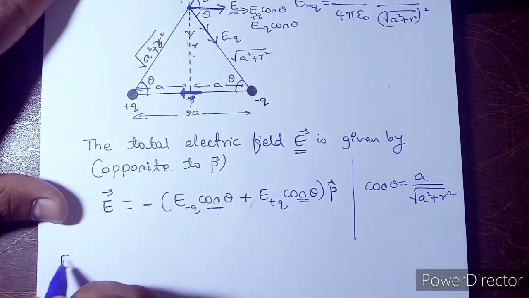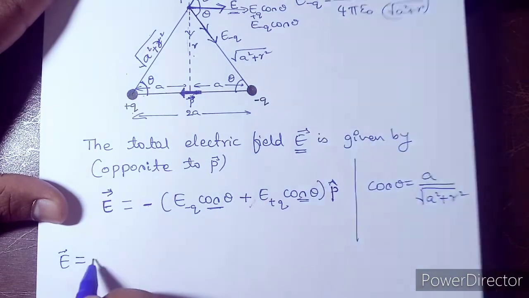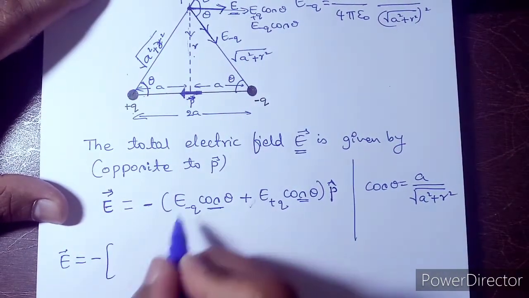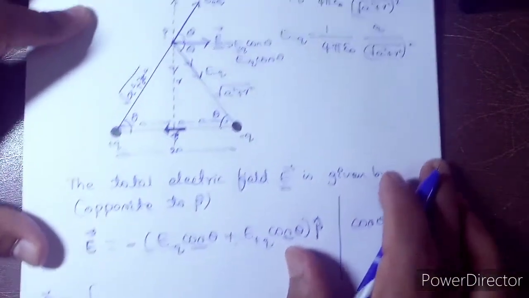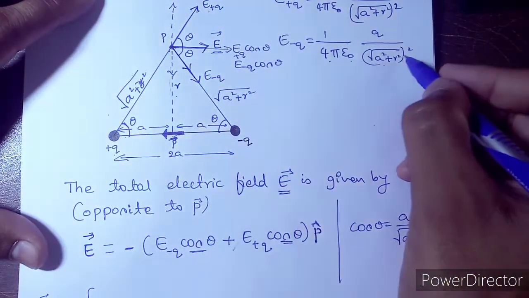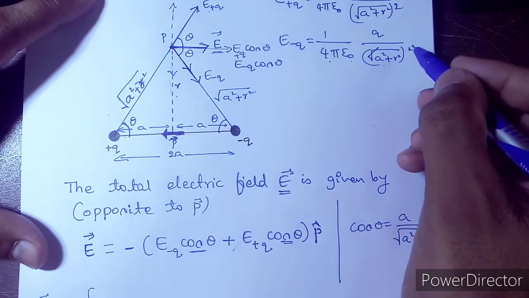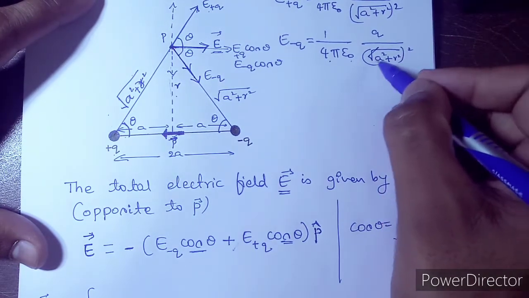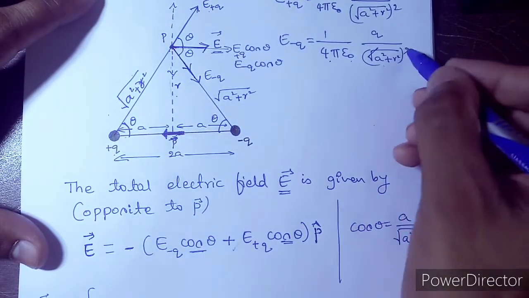So E is equal to minus, as it is, E minus Q is what? E minus Q is 1 by 4 pi epsilon naught Q divided by square root of a square plus r square whole square. Here the square root of a square plus r square will get cancelled with this square.